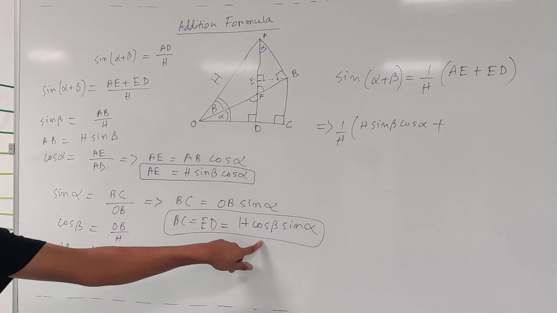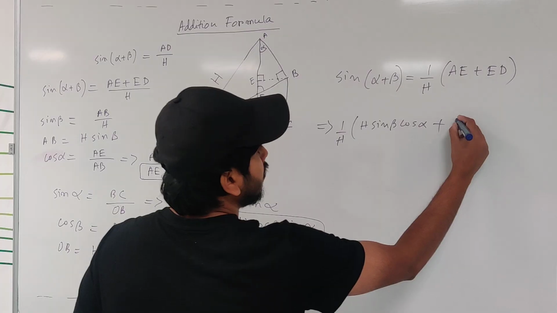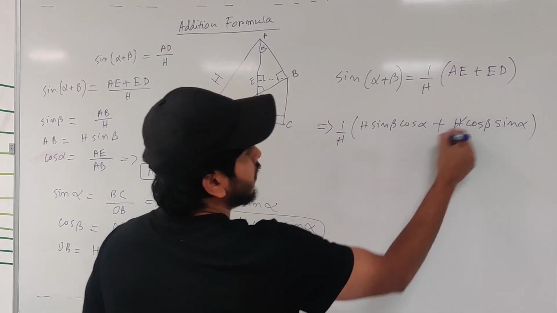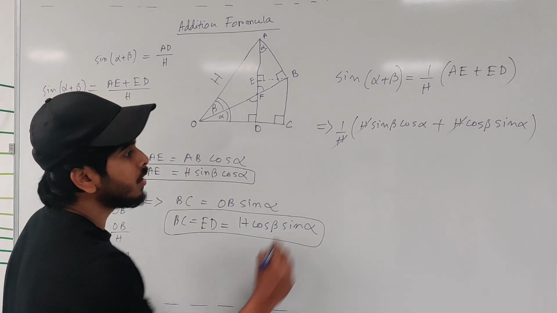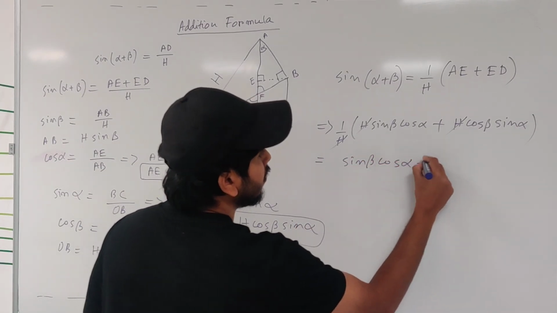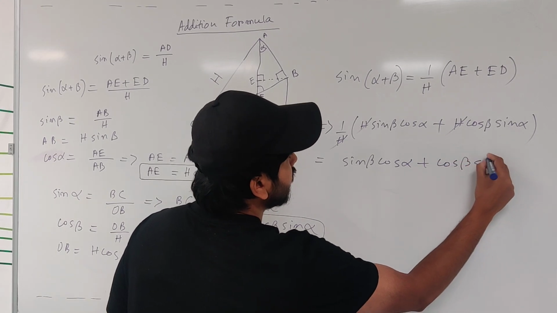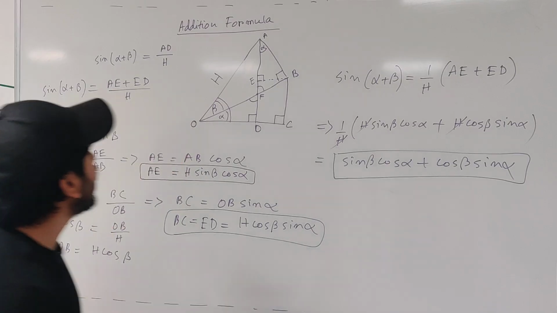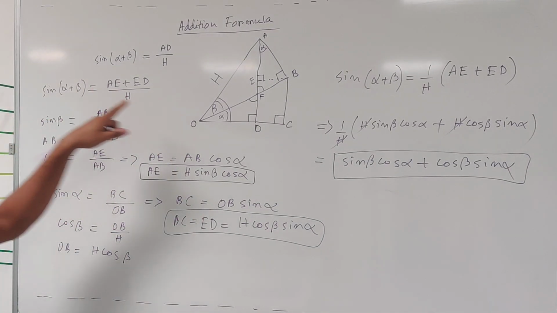And what is ED? H cos beta sin alpha. We can get rid of this H with this outside H. So we end up with sin beta cos alpha plus cos beta sin alpha. A nice and elegant formula for sin alpha plus beta.